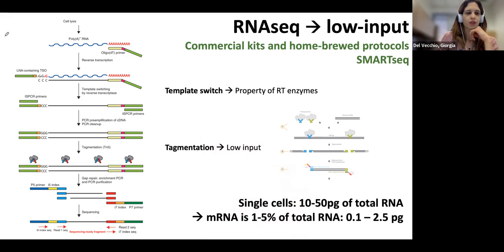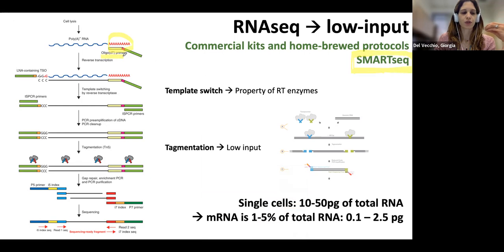So this protocol here is the Smart-Seq approach. It's one of the first protocols for low input RNA. So we are still working with the poly-A RNA, okay? Because we are using an oligo-DT primer.